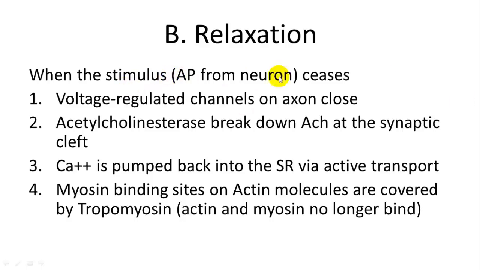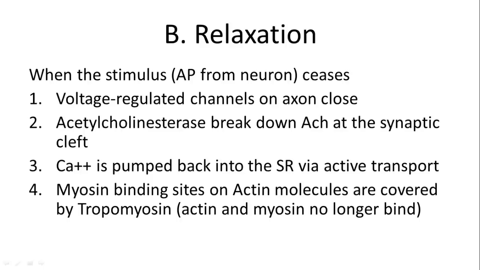When the stimulus from the neuron ceases, the voltage-regulated channels on the axon close because of acetylcholinesterase. Calcium is pumped back into the sarcoplasmic reticulum using active transport. The troponin and tropomyosin move over and block the binding sites on the actin molecules.